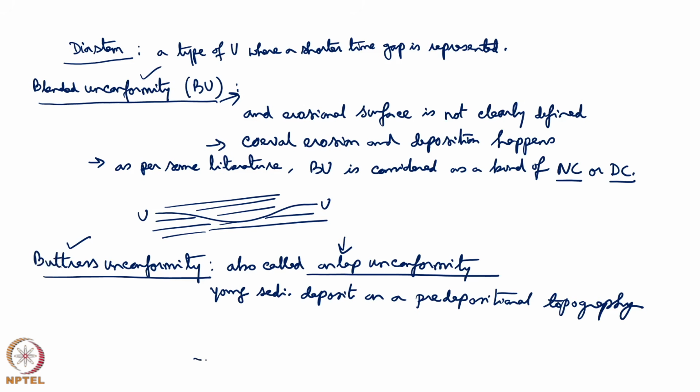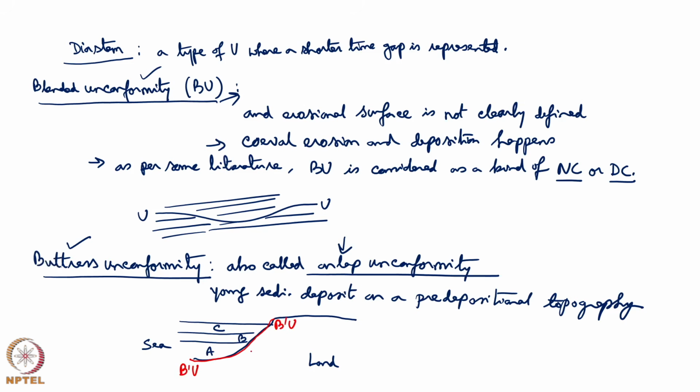If I make a sketch, say this is the sea area, this is the land area, and here sedimentation happens in the shallow sea region, first layer A, then layer B and then layer C. So, here this contact itself marks the buttress unconformity, B dash U.